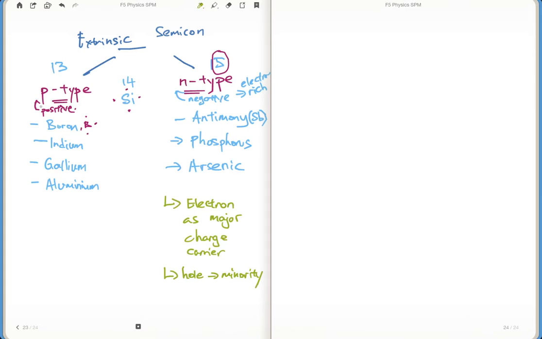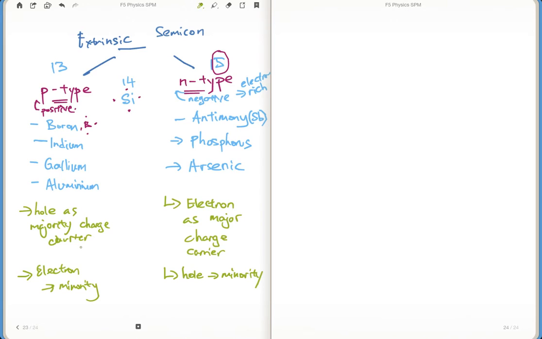Okay, the opposite will be for p-type. In this case, holes are the majority charge carrier, whereas the electron would be the minority. Okay, this is one of those objective questions.